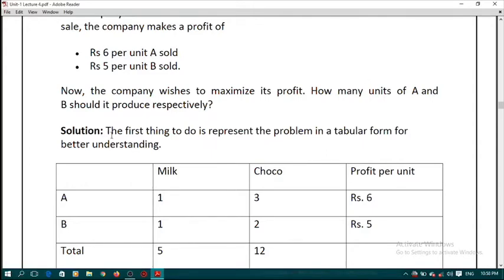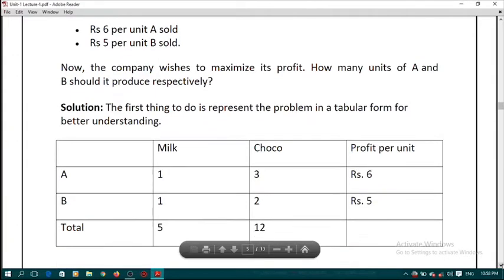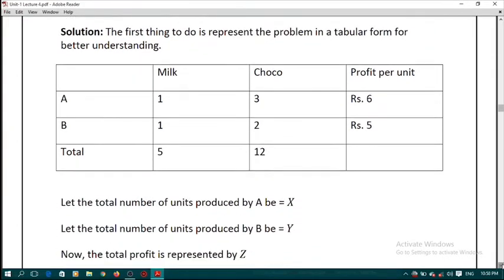So here the solution: the first thing is to represent the problem in a tabular form for better understanding. We put all the data in one table so we cannot forget any detail. So here: milk, choco, profit per unit.